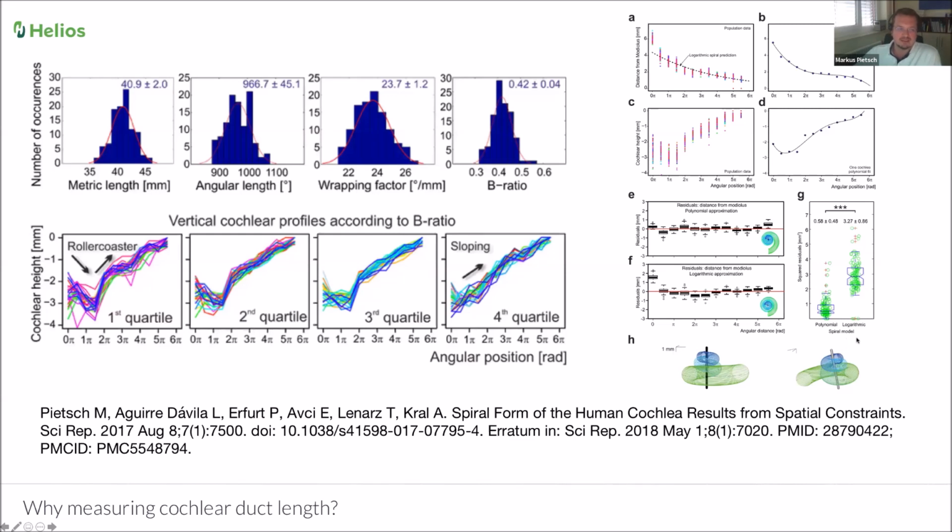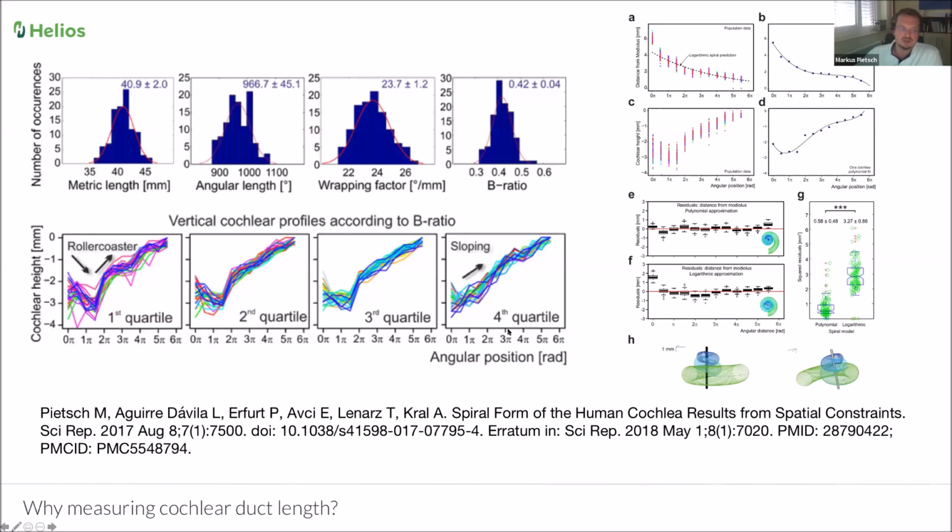So this explains why the metrical models that base on a logarithmic spiral model will not function that well, because the cochlear spiral is not a logarithmic spiral, it is a polynomial spiral.